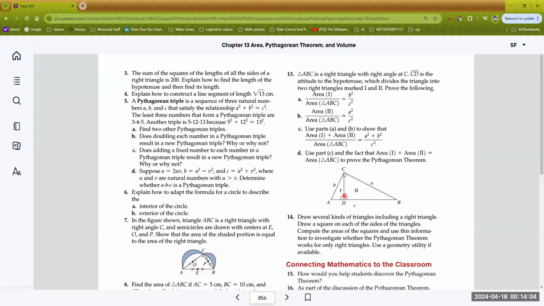Okay. Now they want to show that area 1 to area of triangle ABC is B squared to C squared.